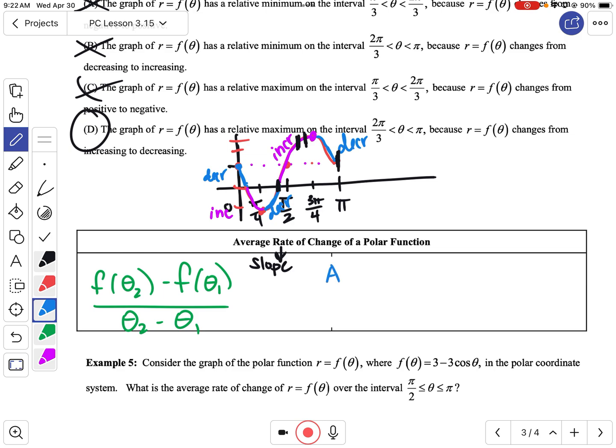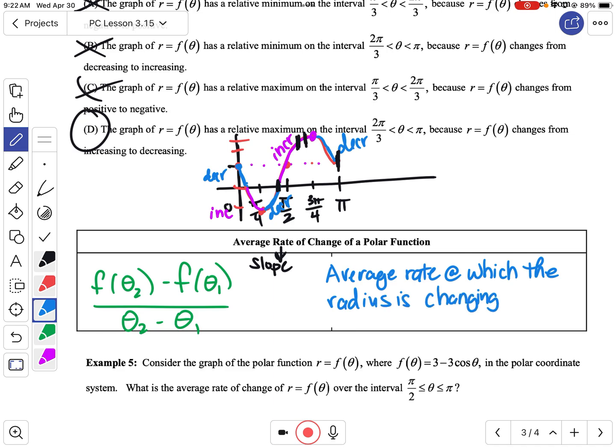It is the average rate at which the radius is changing per radian. That's a fun description. So it's the average rate at which the radius is changing per radian. That sounds terrible, but it's not that bad. Just a little bit of arithmetic.